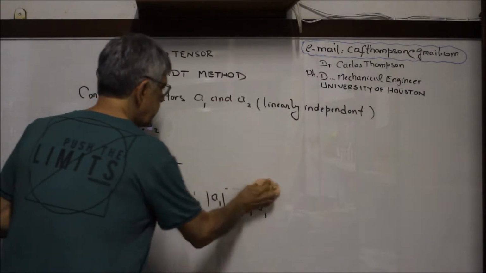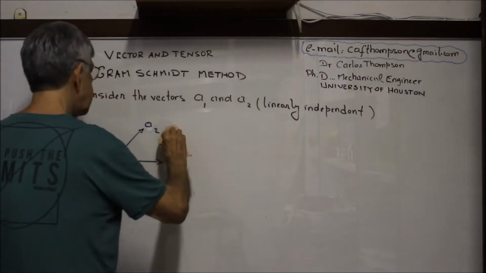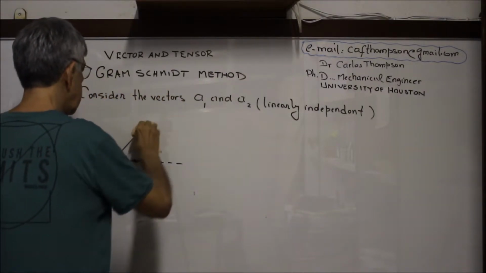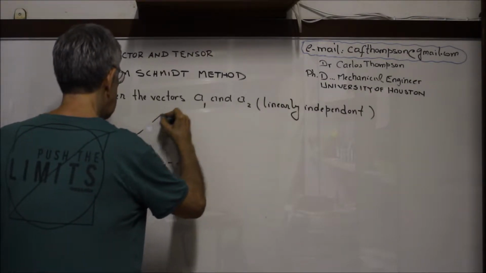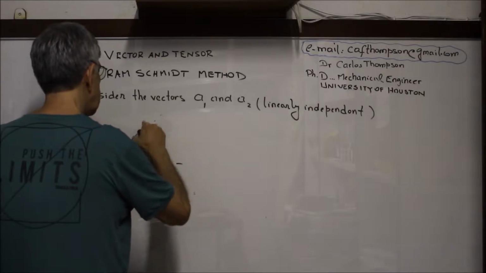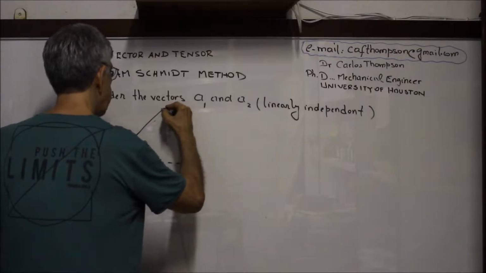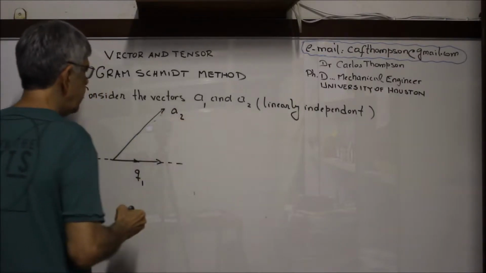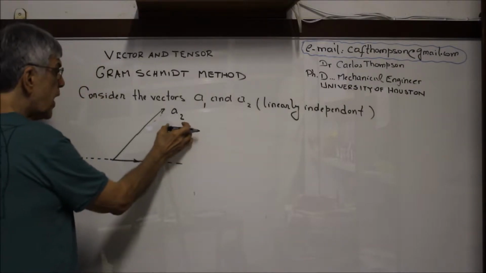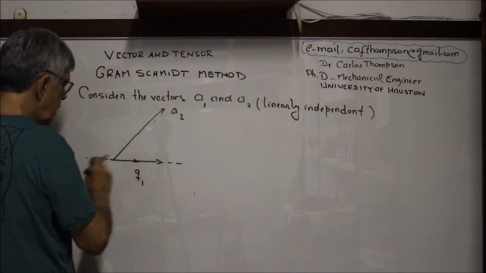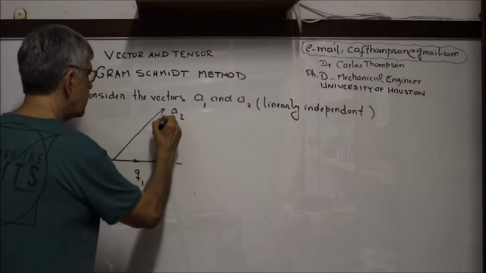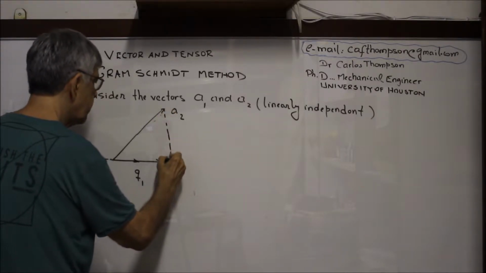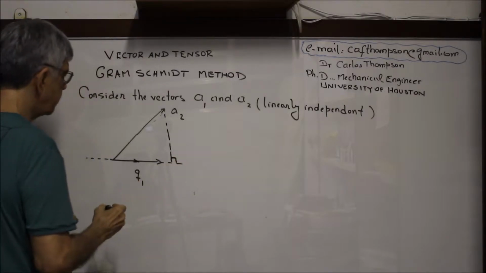Let's increase a little bit here. This is A2. Now, I'll project A2 onto this straight line over here, perpendicular.